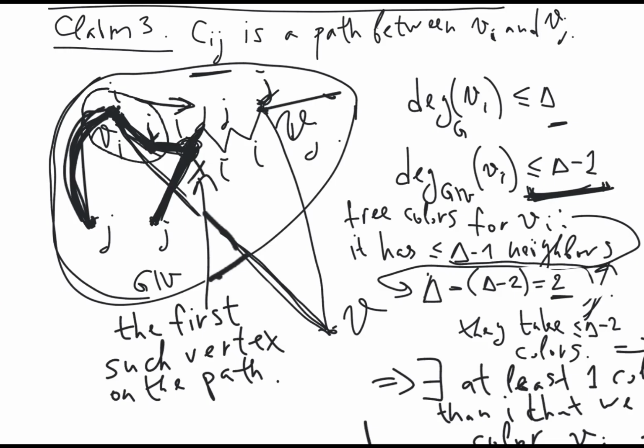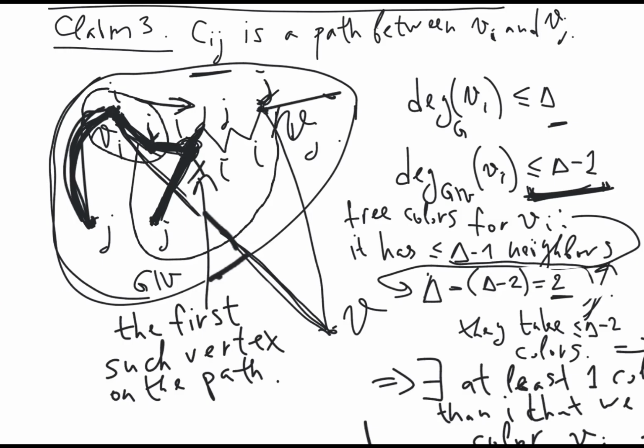Because if x was an arbitrary vertex connected to some other vertex of color j, then there could possibly be another path around this vertex x connecting the beginning of the path to the end of the path.